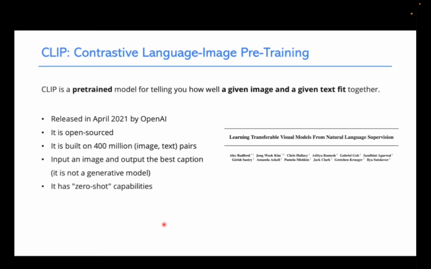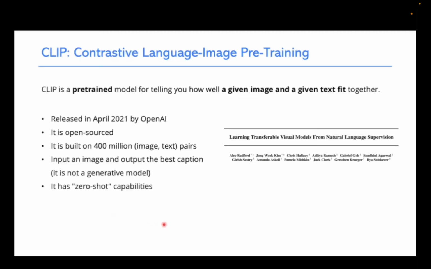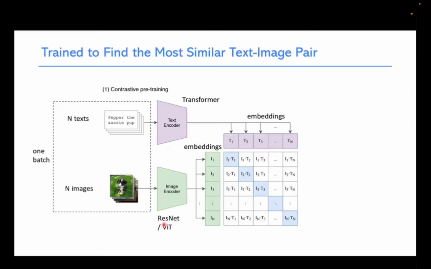The output will be the best caption, as what we have done in the exercise to pair the most similar image and text. It has zero-shot capabilities. We will talk about this in detail later. What is zero-shot? So let's have a look at the training process of the CLIP model.